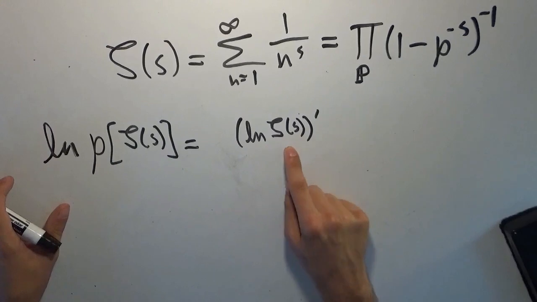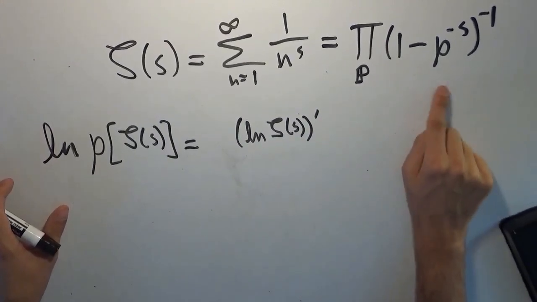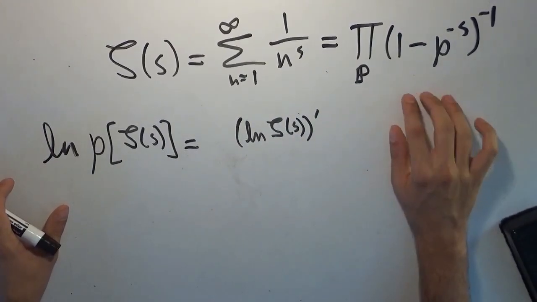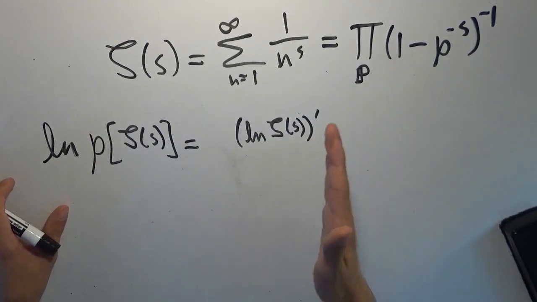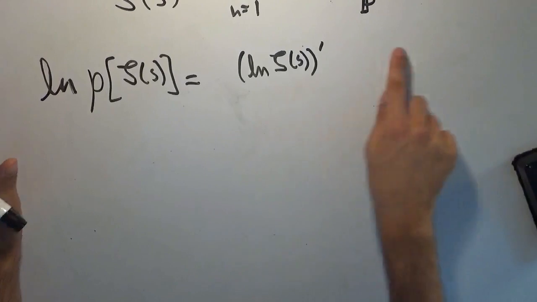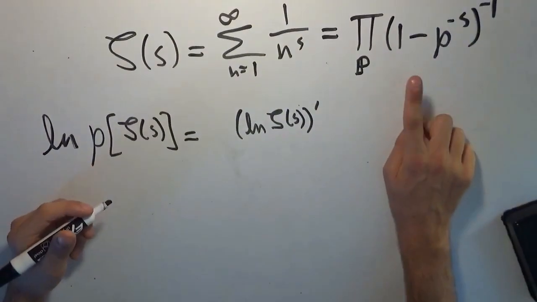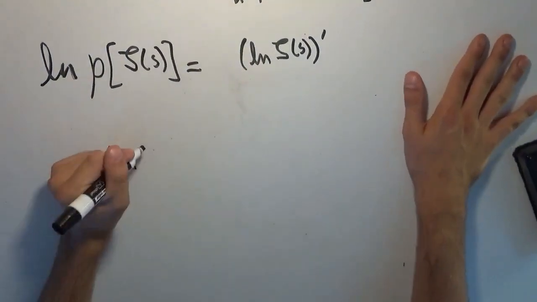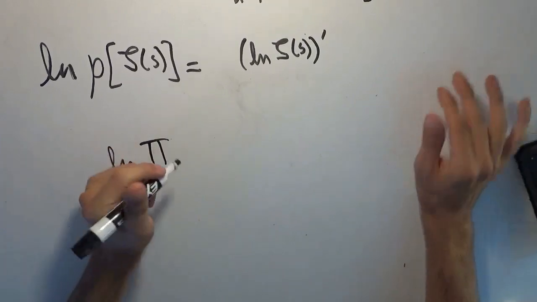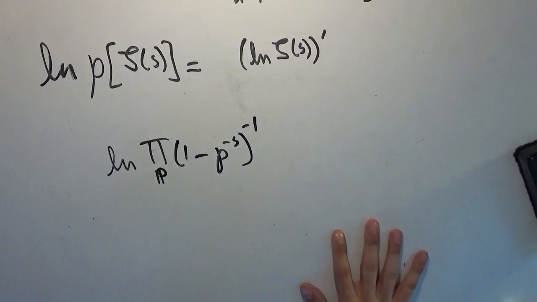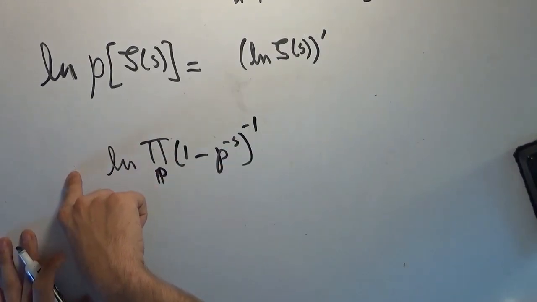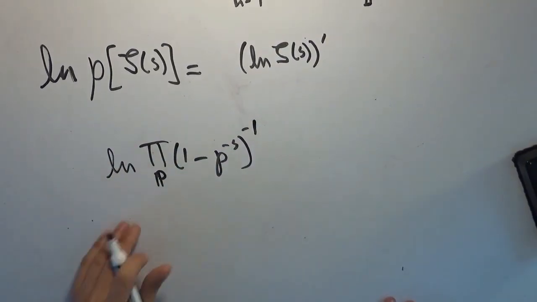So the natural logarithm of the zeta function, we can do it with this product representation here, because logarithms turn products into sums. So we can take the logarithm of this definition here, the log of the product over the primes of 1 minus p to the minus s to the negative 1. I should turn it into a sum first.